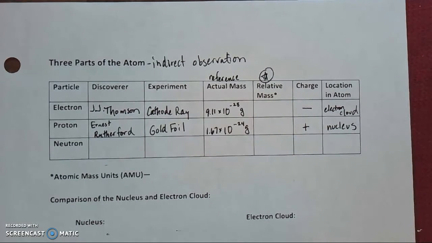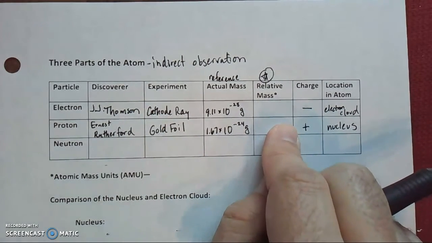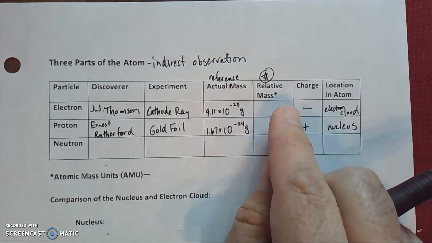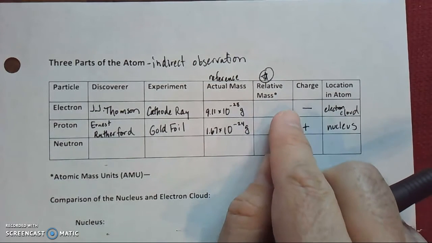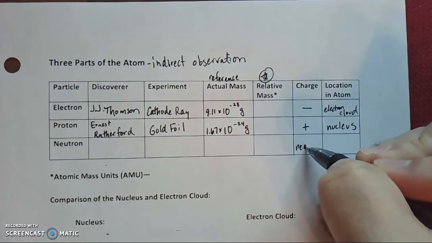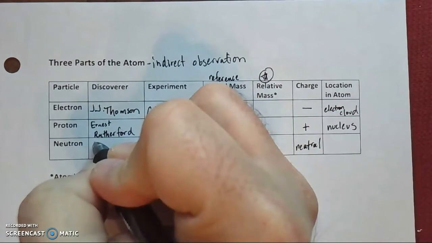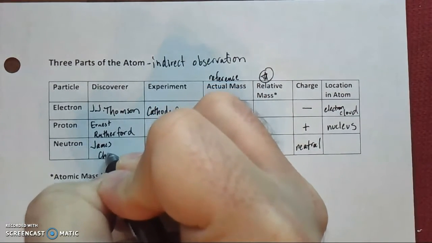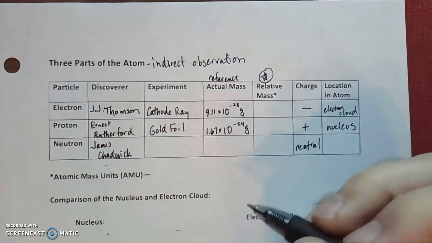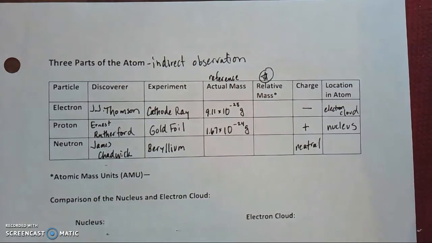So the neutron, very, very hard to figure out that this was there. These two up here have charges. So we could use that fact because if something had a like or an unlike charge, it would either attract or repel these. But the neutron is neutral. So it was really hard to detect or come up with an experiment. And the person who came up with it was James Chadwick. And he used something called the beryllium experiment, and you are not responsible for that one. It's pretty hard to explain.